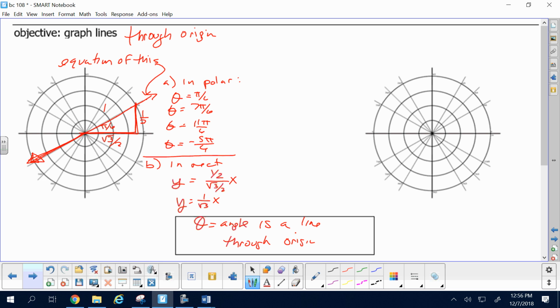Okay. Would you graph for me theta equals pi over 7? Or sketch. What do you say, youngsters?